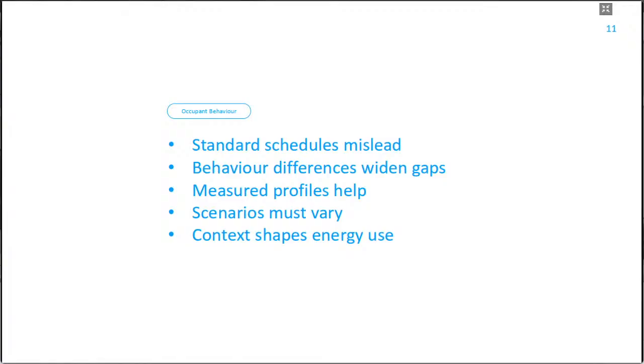So again, it's not so much about algorithms, but also things like how occupants use a space, which differs a lot. So in order to model this more accurately, the data needs to be wide enough to actually represent various different contexts and various different behavioral types.